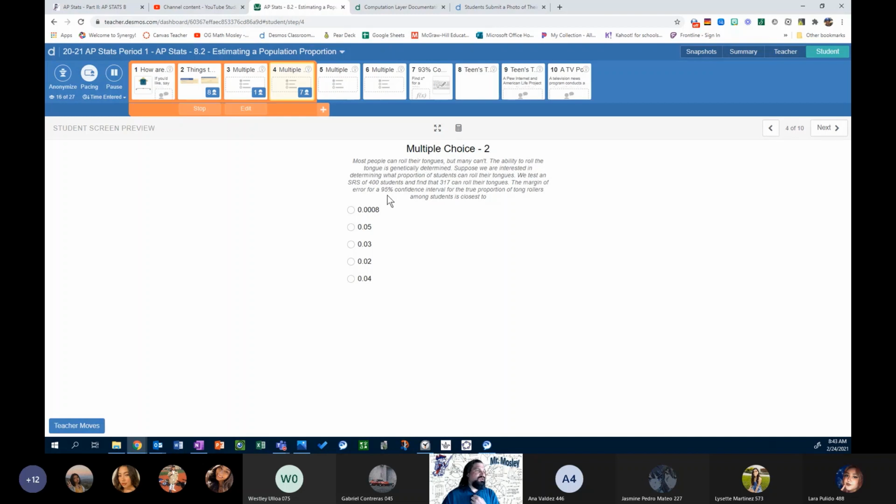The margin of error for a 95% confidence interval for the true proportion of tongue rollers among students is closest to one of these 5 values. Right? Again, you could guess and possibly get it right, but I do recommend practicing with the math that we did yesterday. Calculate the margin of error for a 95% confidence interval.